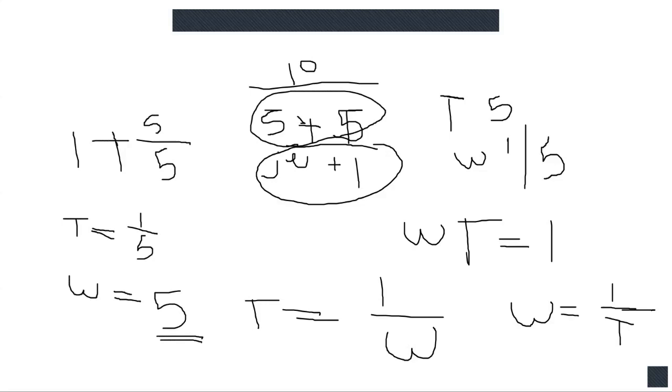And after frequency 5, it contributes minus 20 log of omega t. In this case, omega t is equal to 1 when omega is 5 and t is equal to 1 by 5. So that is why this frequency, which is a threshold frequency, before which this factor doesn't contribute, is known as the corner frequency. This frequency can be 5, 10, 2, 3, whatever, depending on the factor given in the transfer function. Okay, I hope this is clear now.